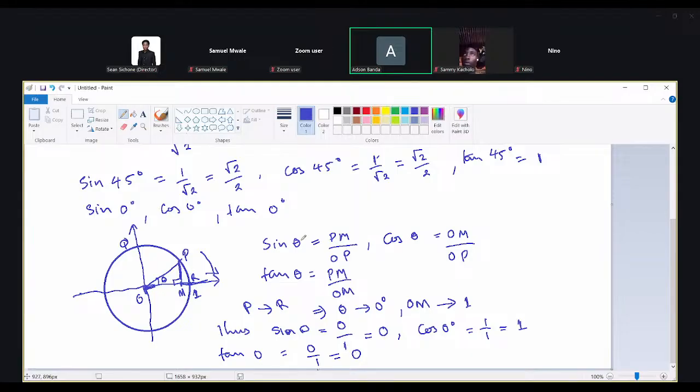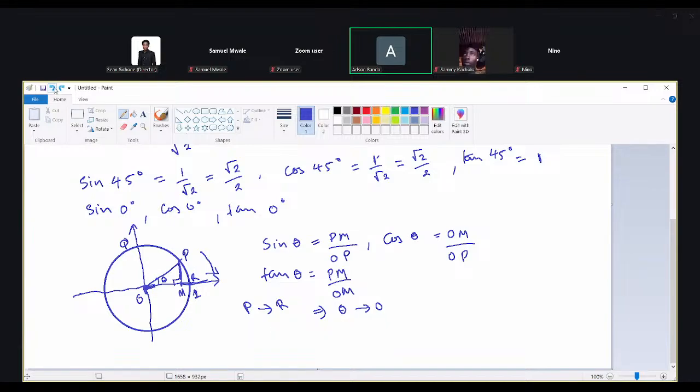the class. Let me just tell you something about the angle 90 degrees, and then we can stop there. So I want to still use the same diagram that I've written here.